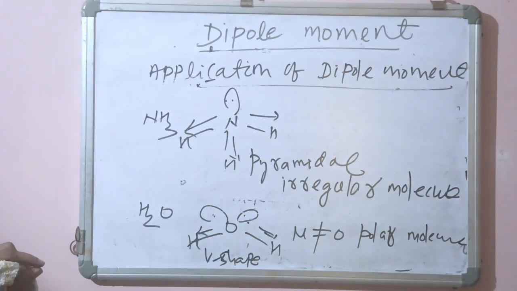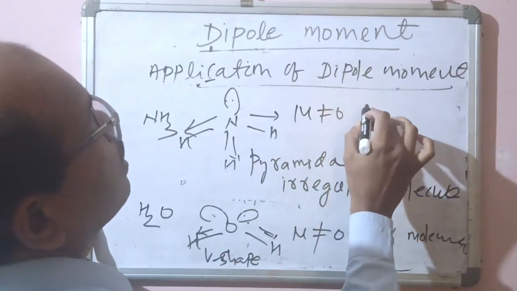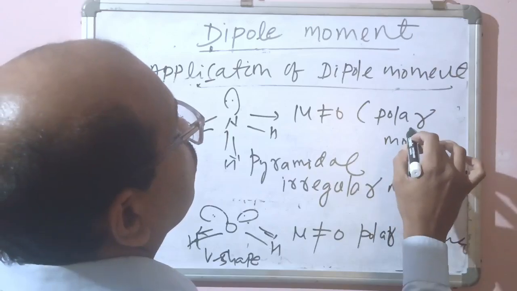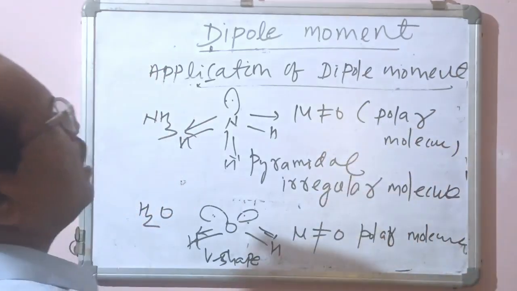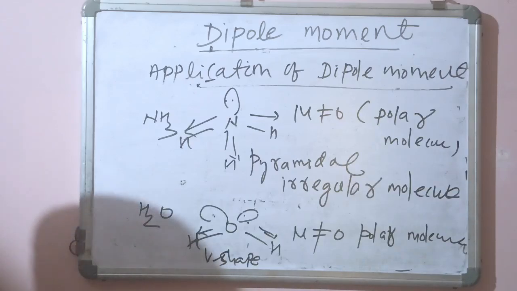Now the net dipole cannot be 0 according to vector addition. So mu is not equal to 0. Hence this is a polar molecule. So ammonia is a polar molecule. So by applying dipole moment, we can predict whether a molecule is polar or non-polar. That is one of the applications.